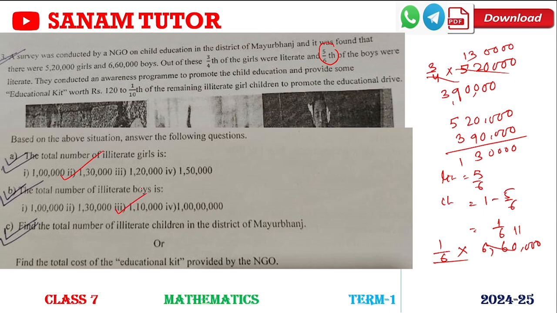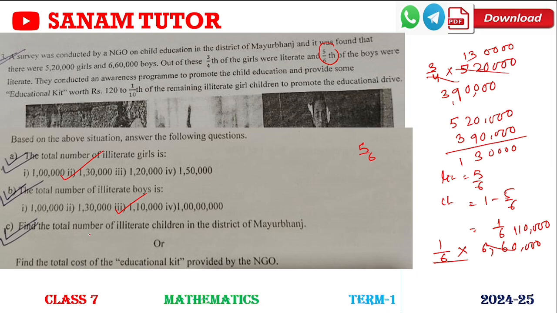Option number 3 is the correct answer. Or simply you can solve by the first type: first find 5 by 6 of the total, then subtract.